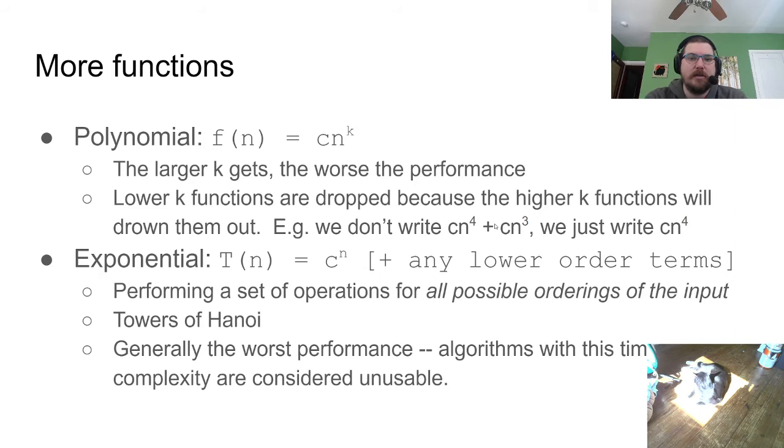It's generally considered the worst performance, though you could come up with something worse. You could say n squared times 2 to the n would be worse than just 2 to the n. But exponential growth is so fast, or rather, the time it takes grows so fast, that it's incredibly slow.